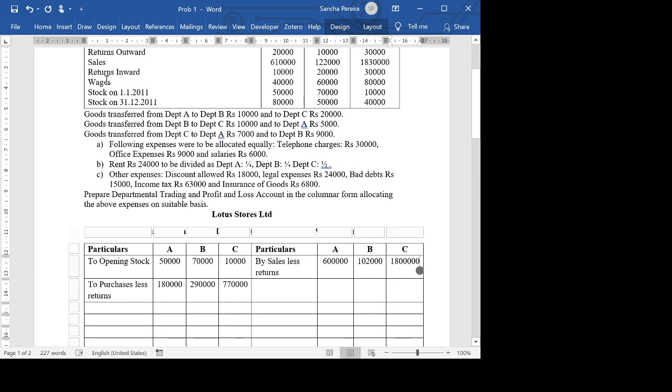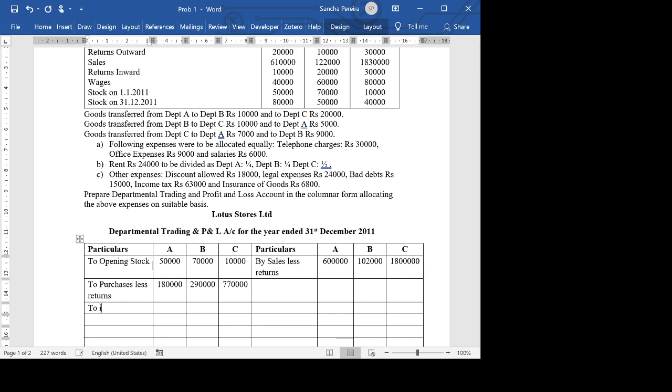We also have wages. Okay. Now, besides wages, we have to also show the closing stock. We also have transfers. Now, just to maintain a format, I always prefer to show, after purchases and sales, the interdepartmental transfers.